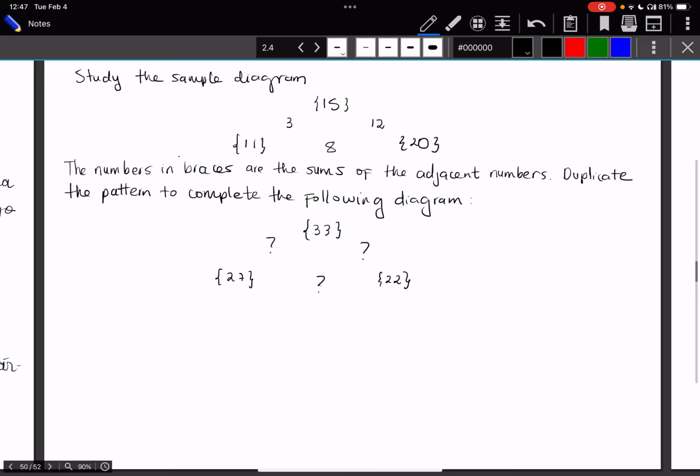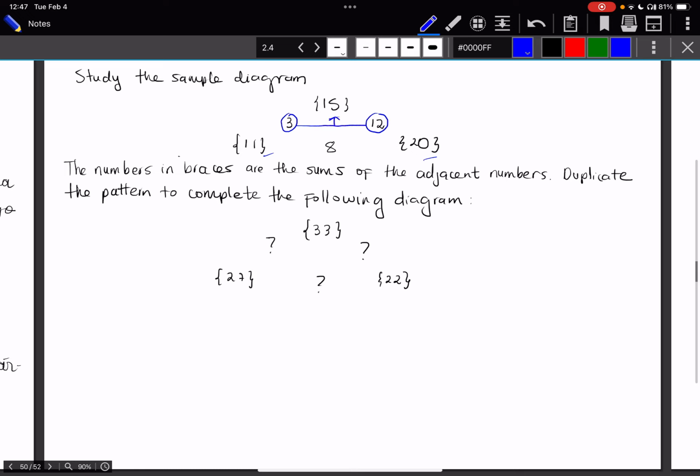We have a diagram with numbers. Some of those numbers are in braces, like 15, 11, and 20. The numbers in braces are the sums of the adjacent numbers. So for instance, 15 is 3 plus 12.